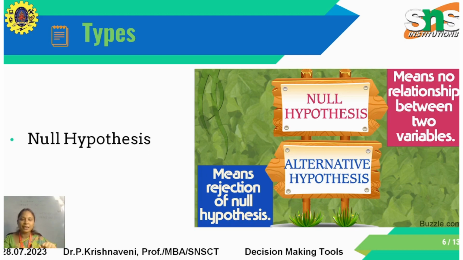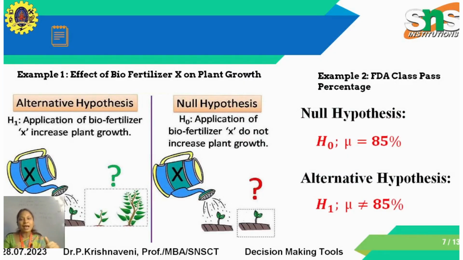The other example is: our alternate hypothesis is that application of biofertilizer X increases the plant growth, and obviously our negative statement, that is our null hypothesis, is that application of biofertilizer X does not increase the plant growth.